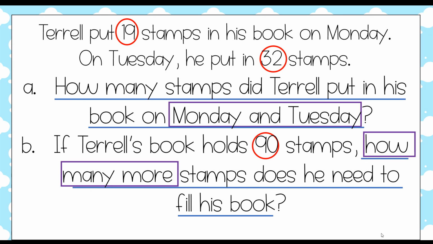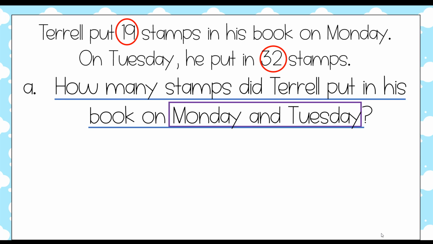It's adding. And then on Part B, it wants to know how many more does he need to fill his book. Usually when you see the phrase how many more or how many less or how much longer or how much smaller, that's a comparison type of problem. And so that's going to be subtraction. So we're going to have to add and subtract today.